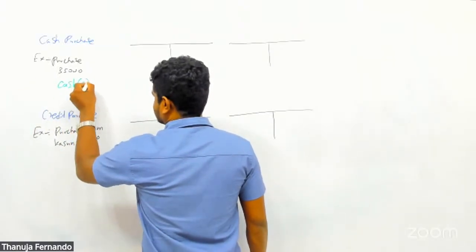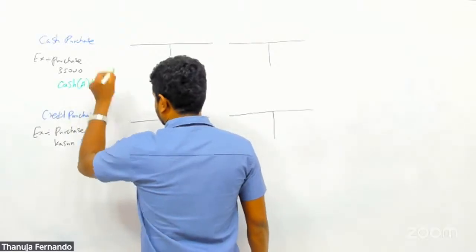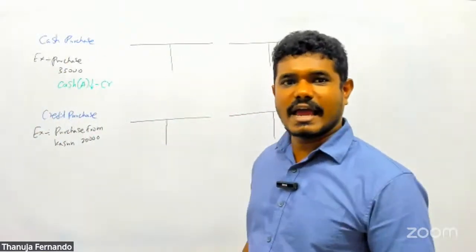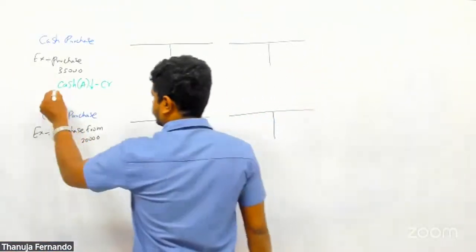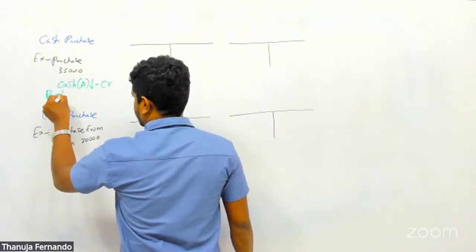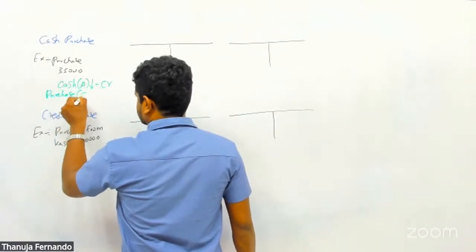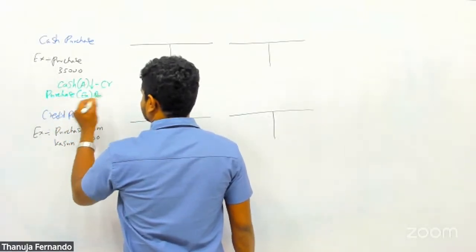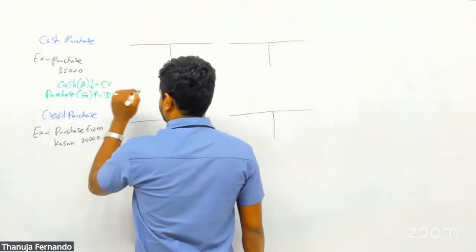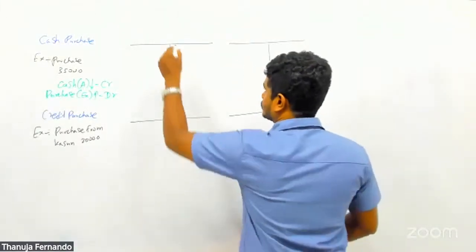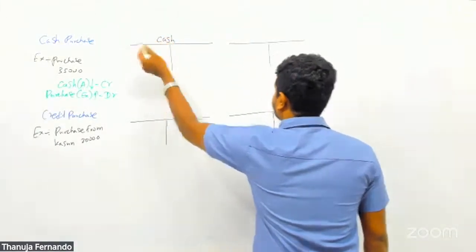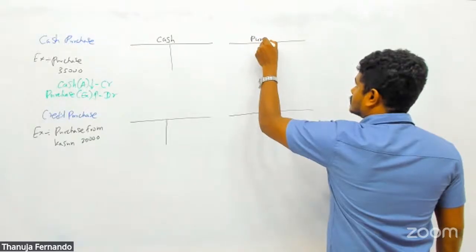Cash is an asset, decreasing, credit. On the other hand, the purchase increasing. Purchase is an expense. That expense increasing, debit. So we need two accounts. One for cash, one for purchase, right?